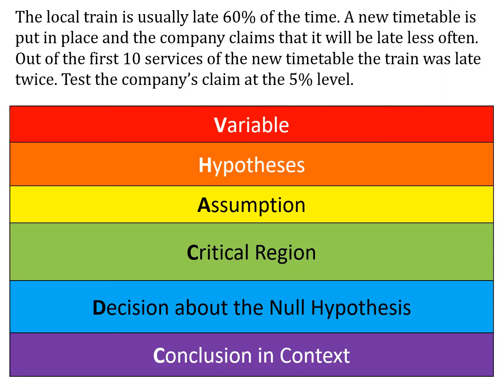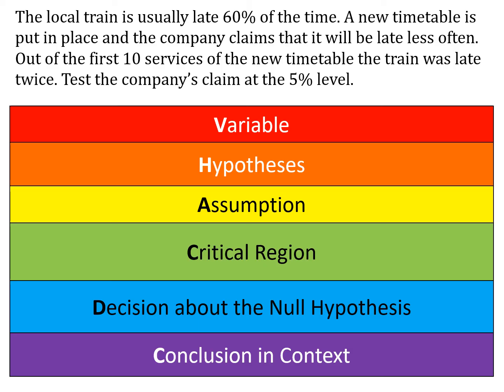Let's look at one more example. So here it says the local train is usually late 60% of the time. A new timetable is put in place and the company claims that it will be late less often. Out of the first 10 services of the new timetable, the train was late twice. Test the company's claim at the 5% level.